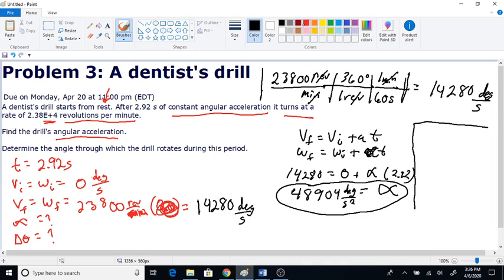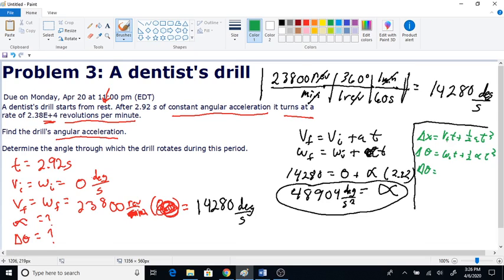Let's go to green here, and we can now do delta x equals v initial t plus 1/2 a t squared, or delta theta equals w initial t plus 1/2 alpha t squared. Either one is fine, and we're solving for delta theta.